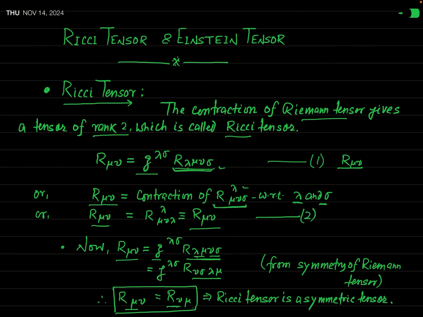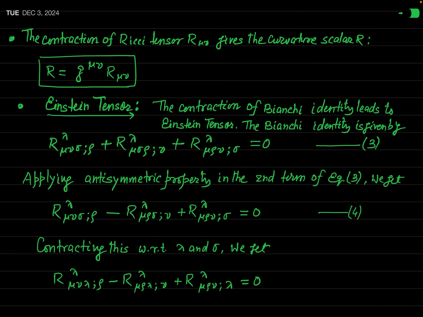Now there is also a very important property of this Ricci tensor. If one tries to find the contracted value of this R mu nu, what will that be?